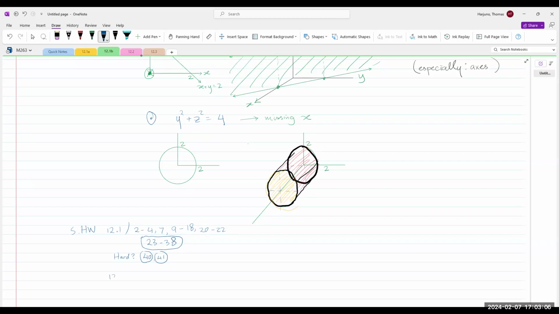Also, please take a look at section 12.6. 12.6 is a lot more complicated than this, but 12.6 consists of two parts. The first one is the cylinder, and the second one is the conic thingy. Okay, so I do the easy one first here. Now that's for this 12.1.